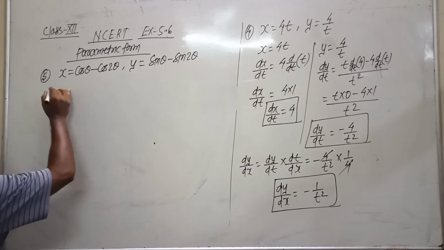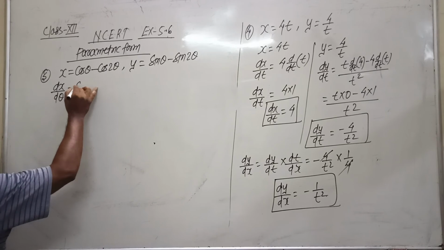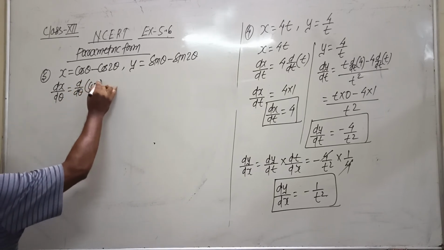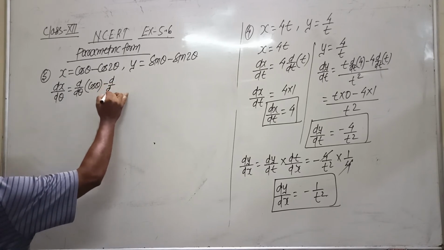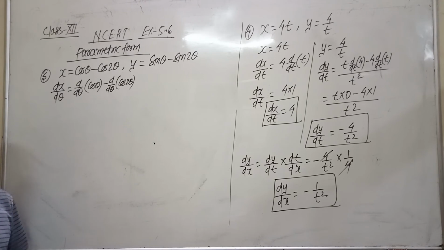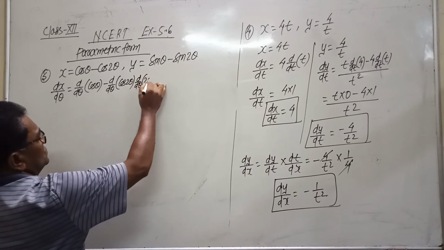So from here we will find dx by d theta. d by d theta of cos theta minus d by d theta of cos 2 theta, and then we drop cos and write d by d theta of 2 theta.